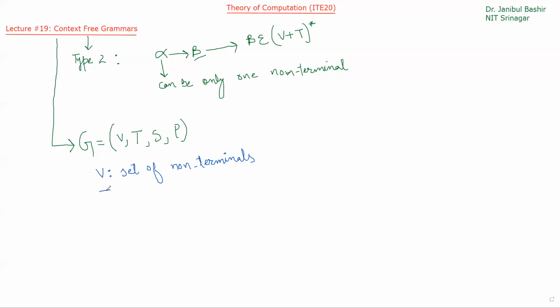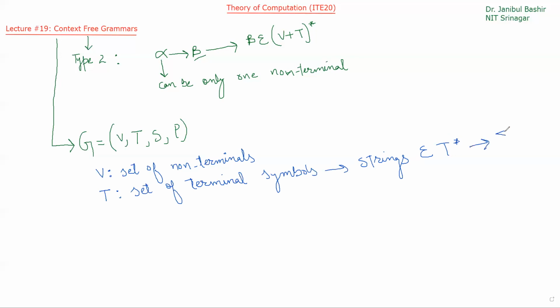T is the set of terminal symbols, and we know that all strings generated by our grammar belong to T star, meaning that all the strings will contain only those symbols which are in T. So this T is also called sigma, or we can write that all strings belong to sigma star. This is the alphabet set.